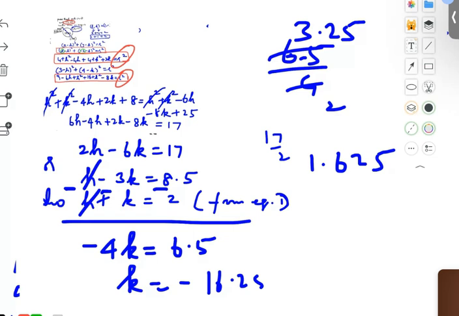Uncle, when you move 2k to the other side or 8k to the other side, what is it? Minus 8k, right? Pretty sure 10k, I'm not wrong.